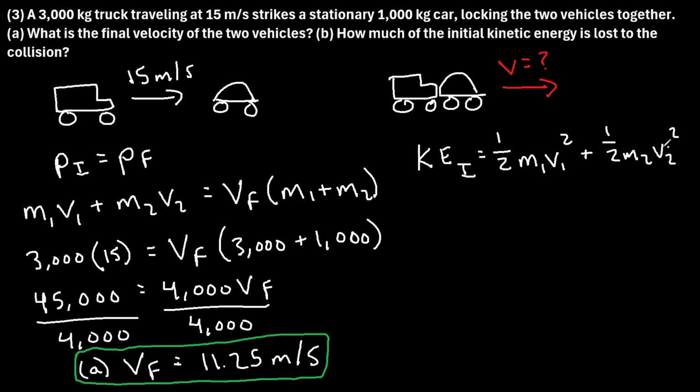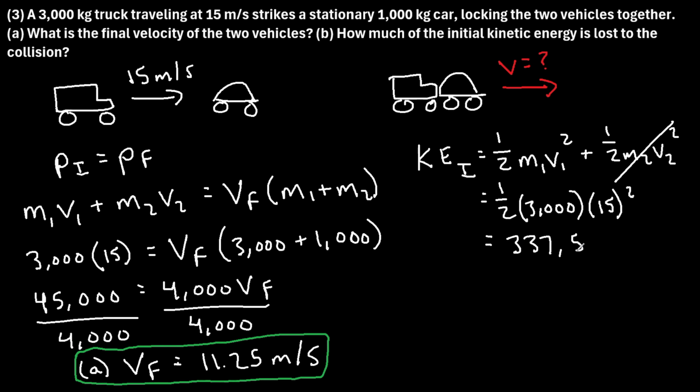Now, we said that v2, the car is initially at rest, so this whole quantity is actually just 0. So the initial kinetic energy is going to be 1/2 times m1, the mass of the truck, which is 3,000, times the initial velocity of the truck, which is 15 meters per second, squared. And if you punch this quantity into a calculator, it comes out to 337,500. And we're talking about energy, so our units will be joules.